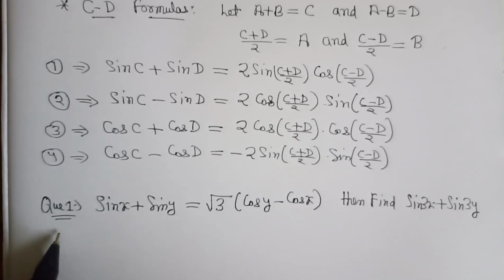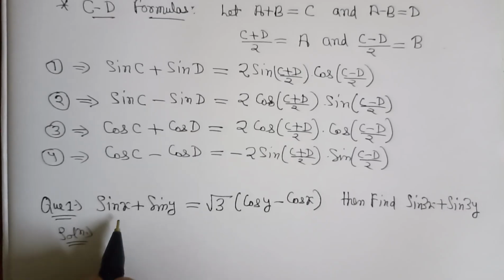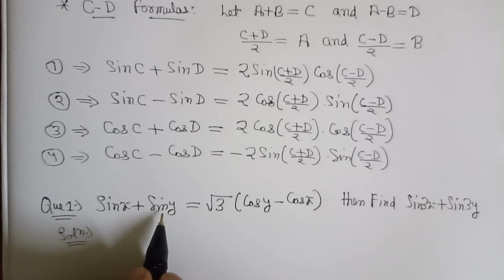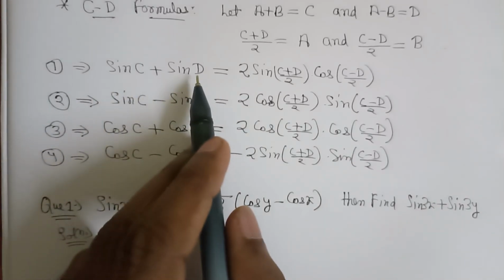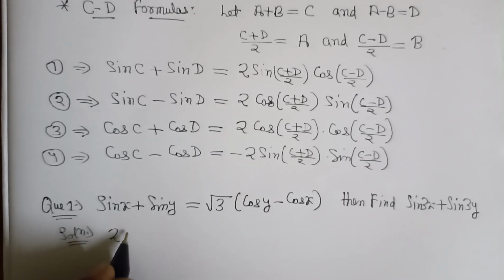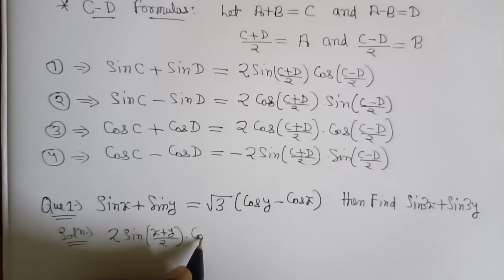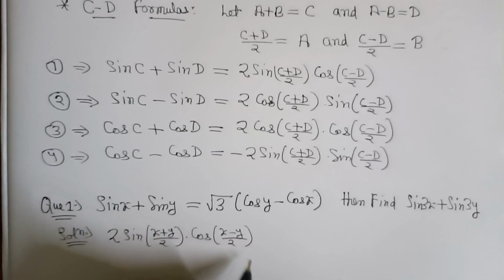Okay, let's see the solution. Given is sin x plus sin y. The formula for sin C plus sin D converts it into 2 sin((x+y)/2) cos((x-y)/2).